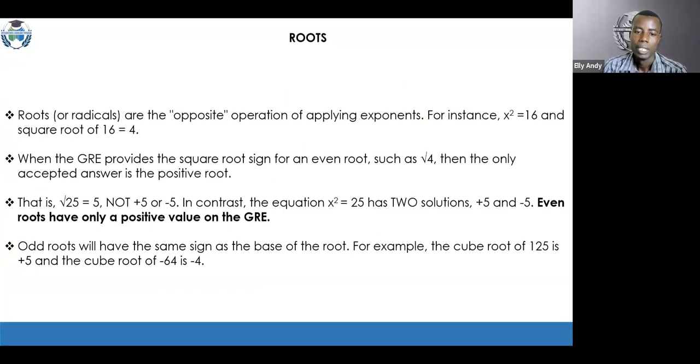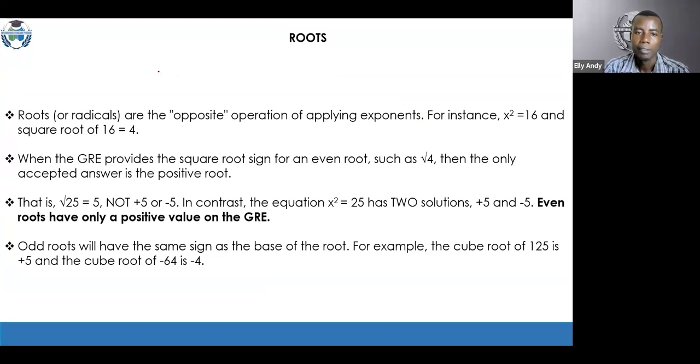Now, let's have a brief look at roots. When we are dealing with roots, maybe the first concept we need to know is that a root is just a fractional exponent. Yes?